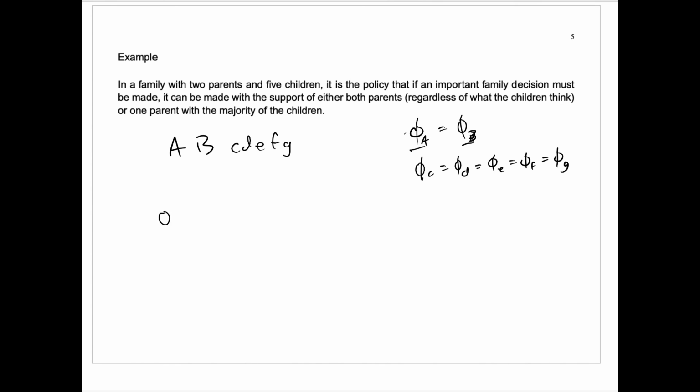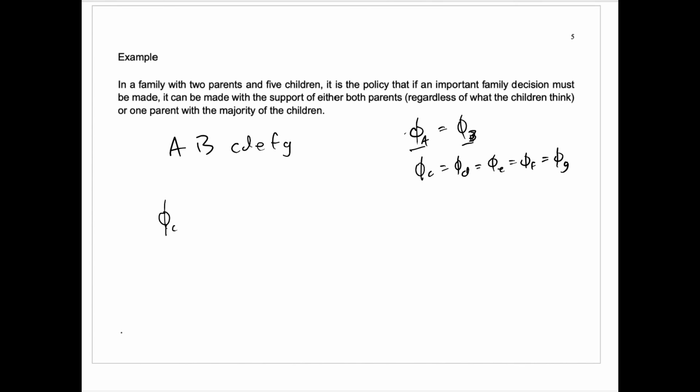How will we compute, for example, phi sub C, which is the Shapley value for one of the children, say child C? Well, we have to ask ourselves which losing coalitions become winning coalitions when we add this one child.